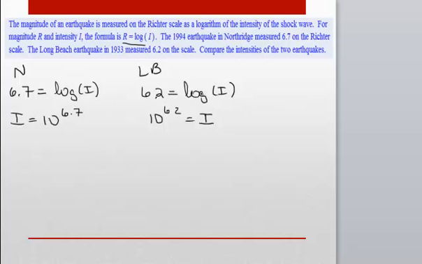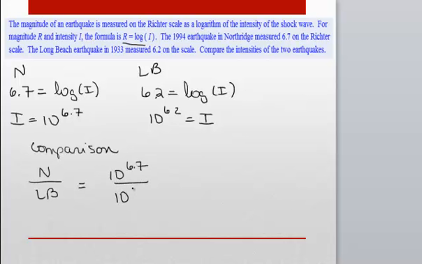Well, to compare these, you need to divide them. So the comparison. This is the comparison of Northridge to Long Beach. This will be 10 to the 6.7 divided by 10 to the 6.2.